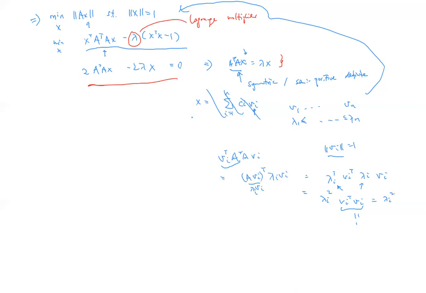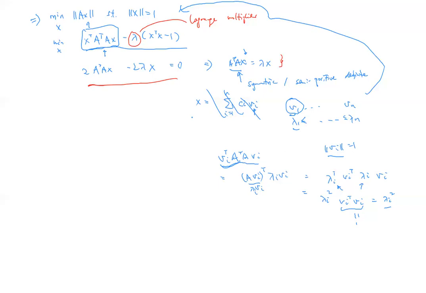As you can see, for any of the eigenvectors, if I compute vi transpose A vi, what I get is just the square of the eigenvalue. So now if I want to minimize this term, x transpose A x, we can simply pick the eigenvector of the smallest eigenvalue, right? Therefore, the solution is simply v1 here.